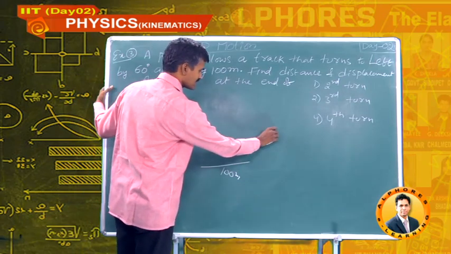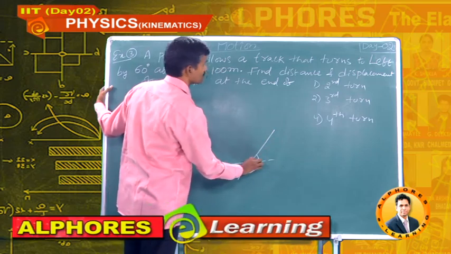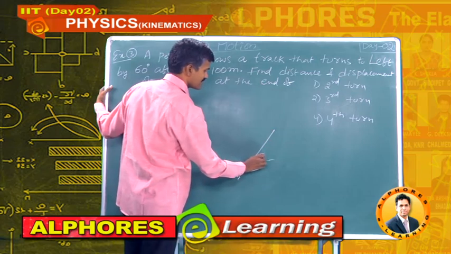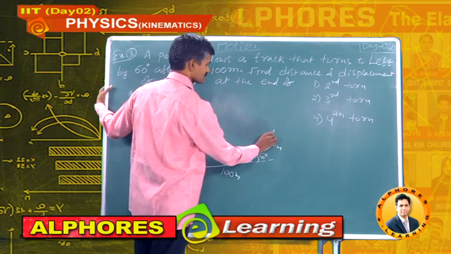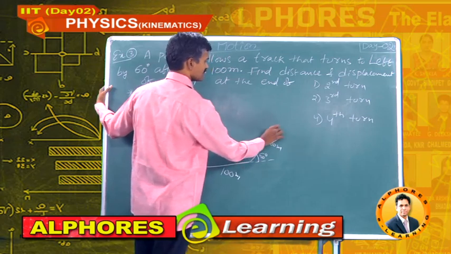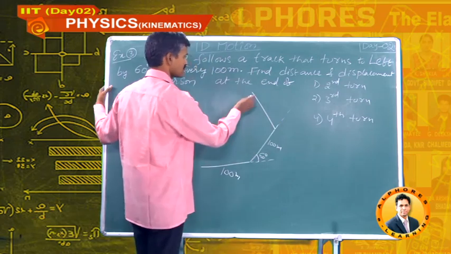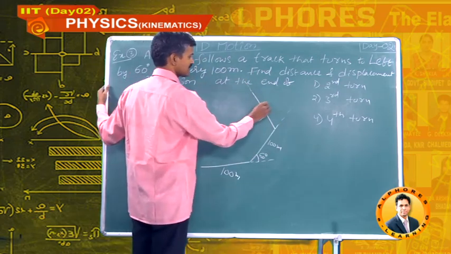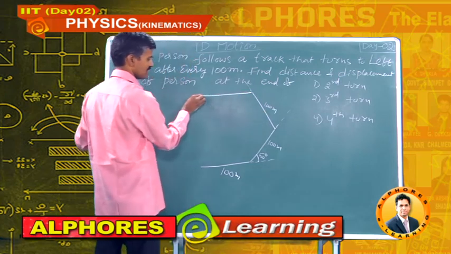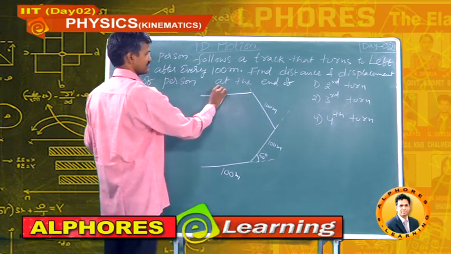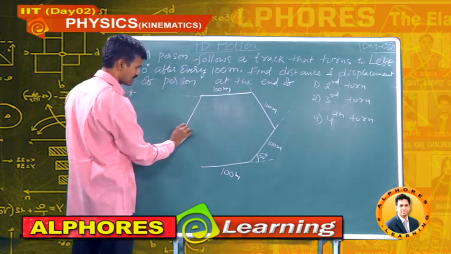From here he takes a turn towards his left by 60 degrees and then continues for another 100 meters, and then takes a turn to his left and continues for another 100 meters, and then another 100 meters, and then another 100 meters.